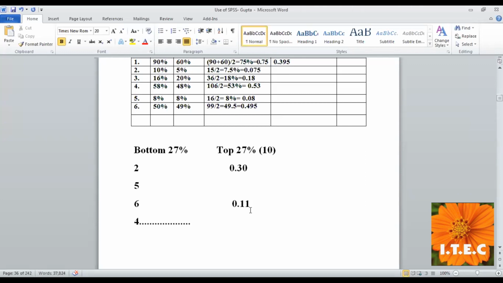That is 0.30 minus 0.11, and that is 0.19. And when the difference is 1, then it becomes 0.19 divided by 4. And when the difference is 3, then it will be 0.19 divided by 4, and this whole is to be multiplied by 3.